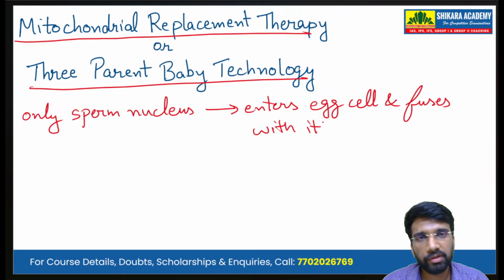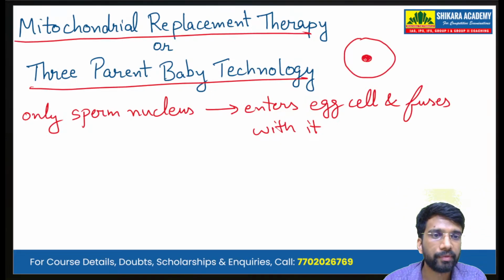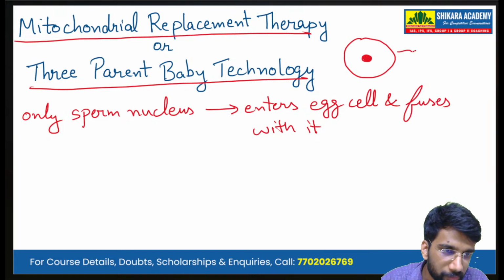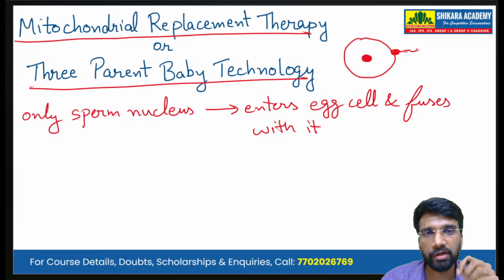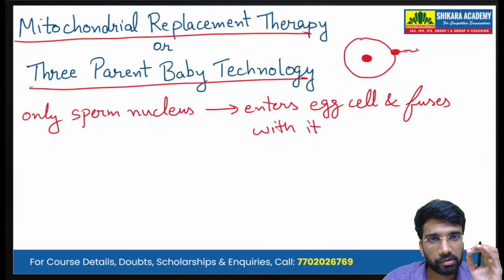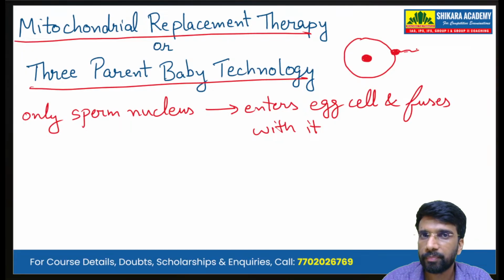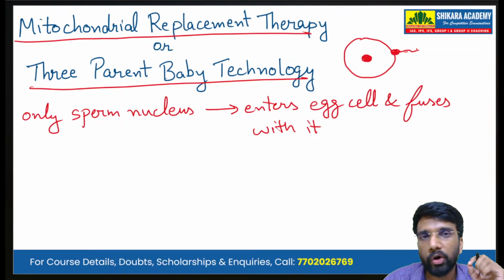So if this is the egg cell or the ovum and this is the nucleus of the egg cell, and this sperm is coming, only the nucleus of this sperm cell enters, because the sperm is also a cell, so it also has a nucleus in it. That nucleus houses 23 chromosomes, because both the egg cell and the sperm cell are haploid cells.